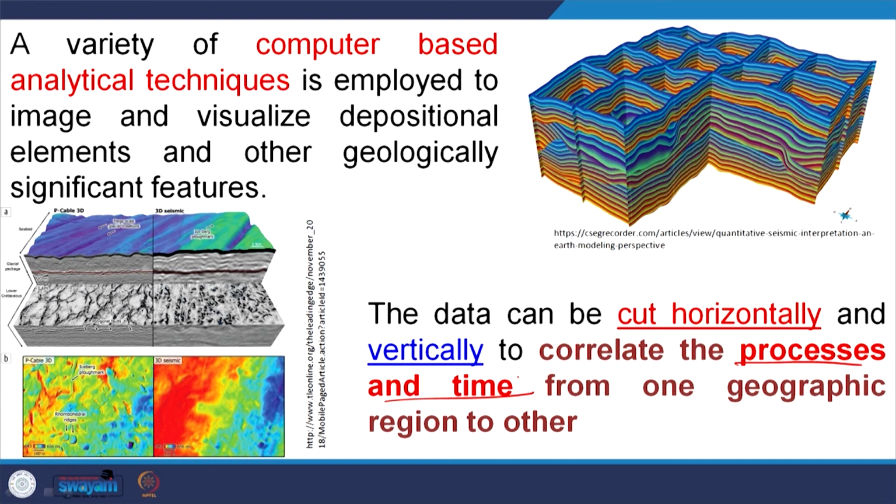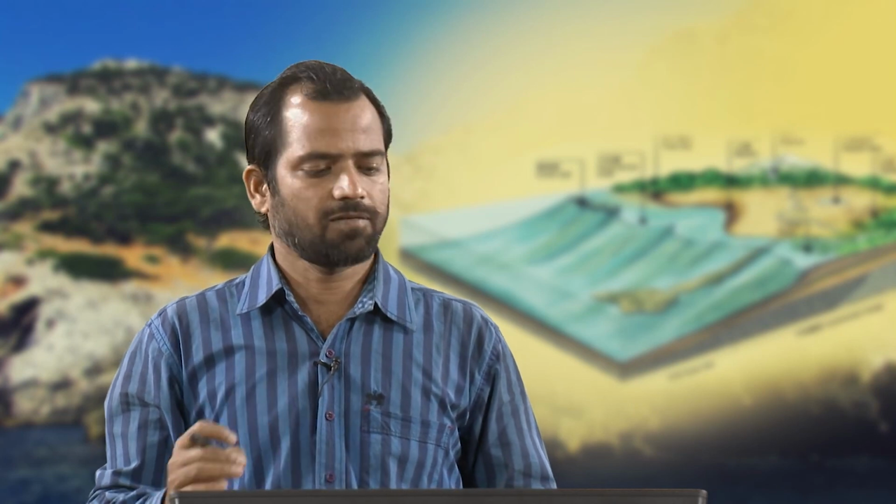So, the vertical line indicates the time sequence, the horizontal line indicates the lateral or longitudinal change in the geomorphic processes as well as the depositional systems. So, with time and space, how the geomorphological processes evolved and changed can be retrieved, correlated and interpreted from the seismic data.